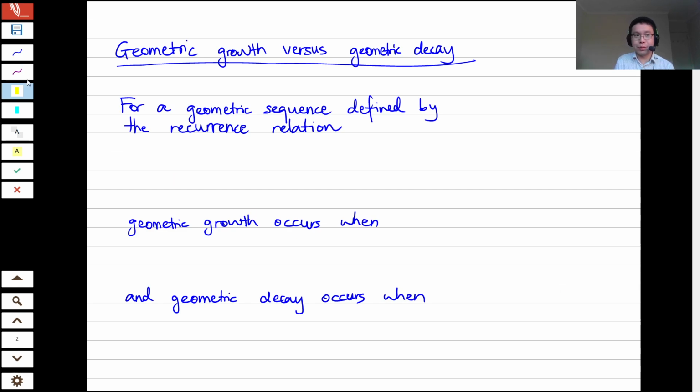Let's start by defining a geometric sequence. We've already done this many times. To define a recurrence relation, we need two equations. The first equation tells me the starting number, which I will give the symbol A. The second equation tells me how to get the next number, Vn plus 1, from the previous number, Vn.